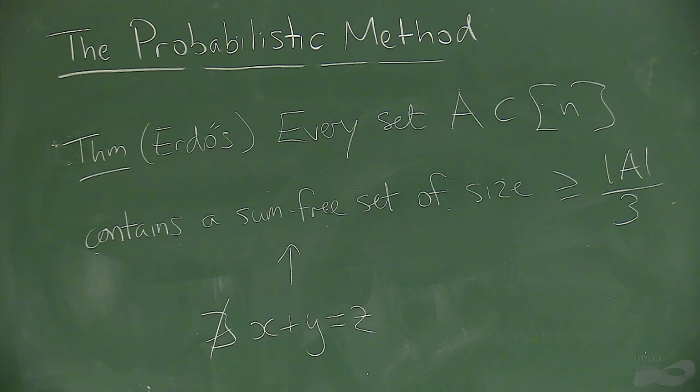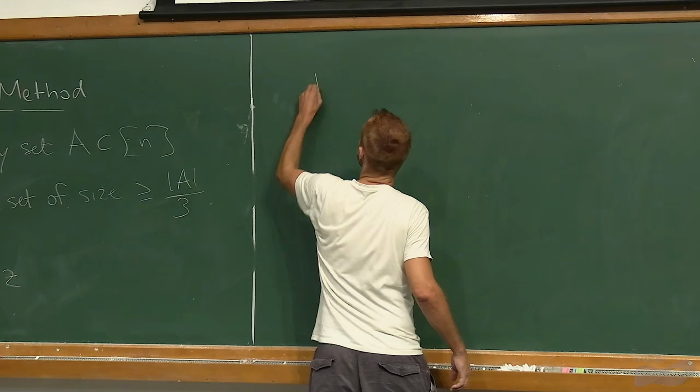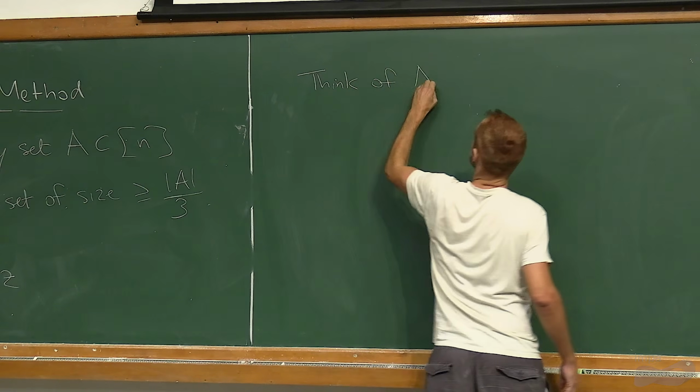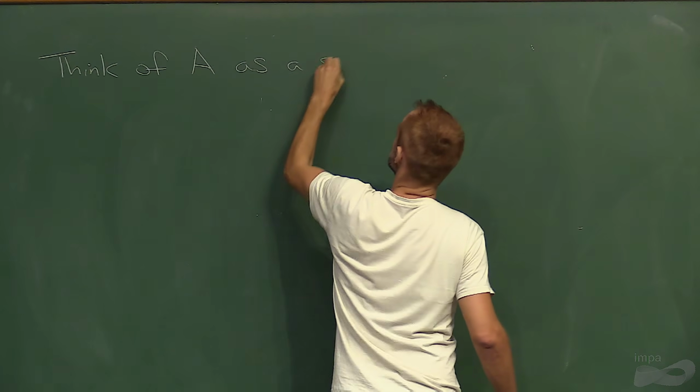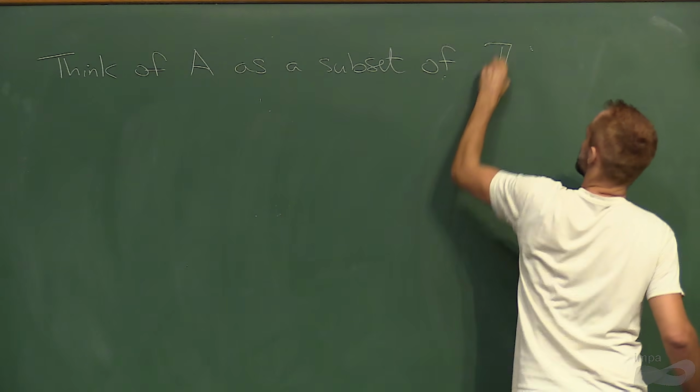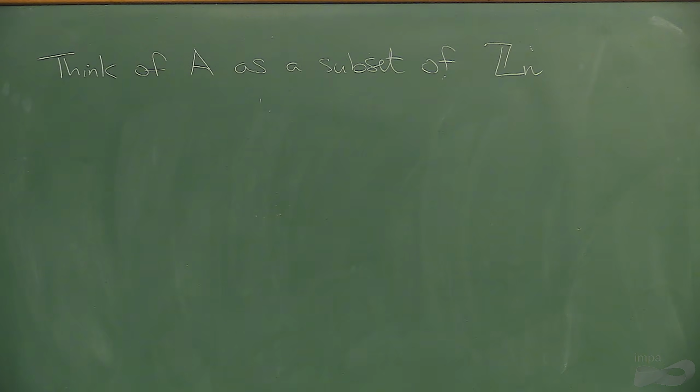So here's the idea. So we're going to think of A as a subset, not of 1 up to n, but of the cyclic group Zn. Okay, so it's going to count mod n instead of in the integers, right?